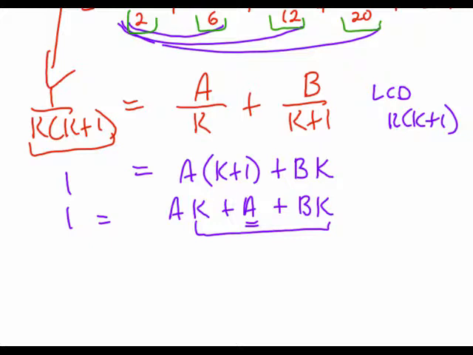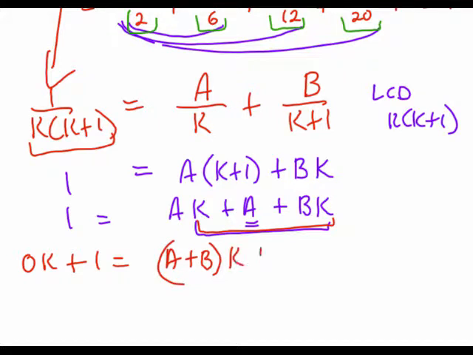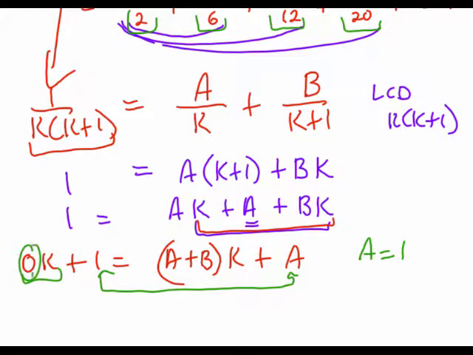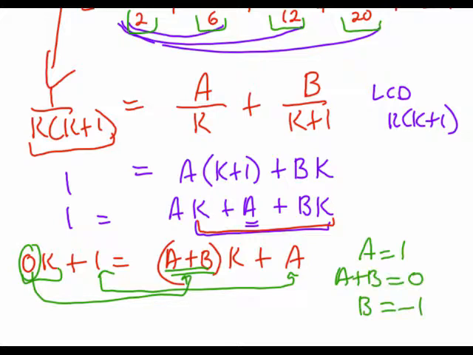And so we think of our 1 as 0k plus 1 equaling, let's factor the k out of this, that would leave us with a plus b times k plus a. And then equating coefficients, 1 would have to be a, and 0 would have to be the value of a plus b. So a plus b would have to be 0, and since a is 1, b would be negative 1.